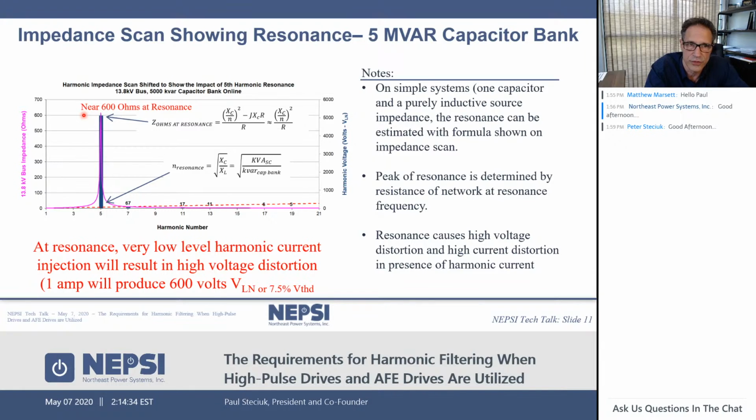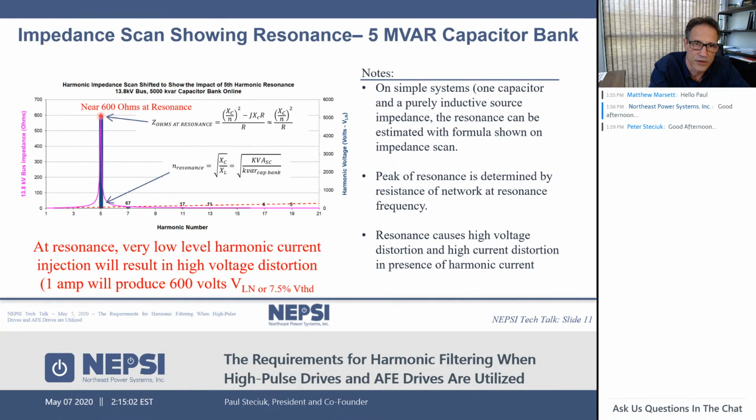Generally speaking, we like to maintain no more than 5% voltage distortion on a system. The peak of this resonance is calculated utilizing this formula: XC squared divided by N, being 5 in this case because it's a 5th harmonic resonance, divided by the resistance of the network. The resistance of the network is very low, and therefore we have a high impedance.